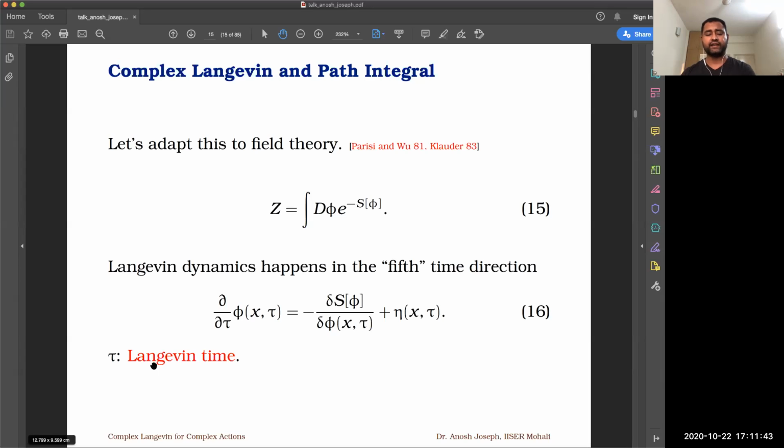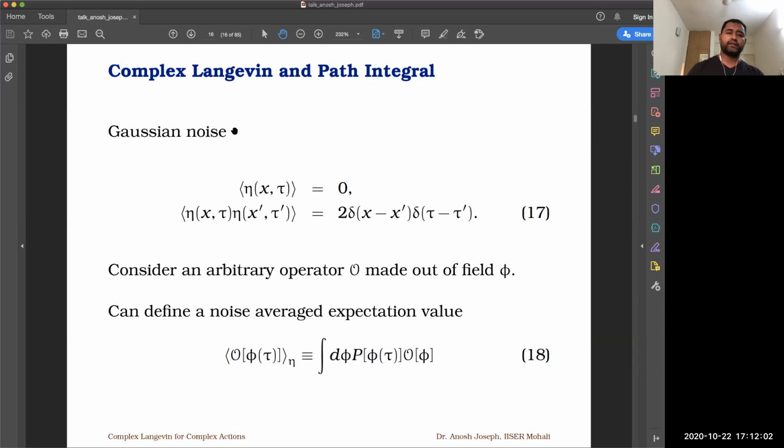It is a fictitious time, and the dynamics is happening only in this direction. So the time derivative of the field is the negative of the gradient of the action plus the noise term. The noise is Gaussian, and it satisfies these properties, these constraints.